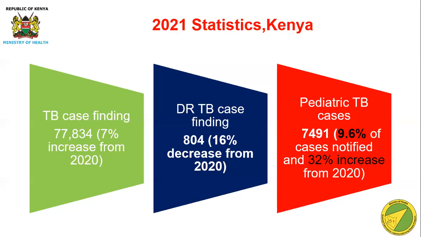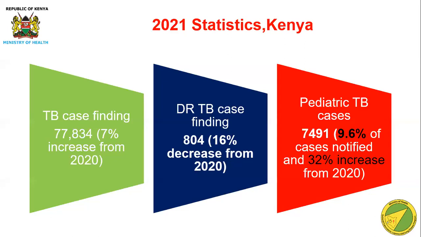In drug-resistant TB case finding, we had about 804 cases notified, and this was a drop from 2019, where we got about 900 cases. Pediatric TB case finding is estimated to be about 10 to 15% of the cases notified.